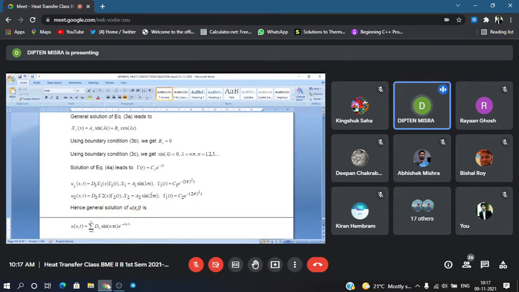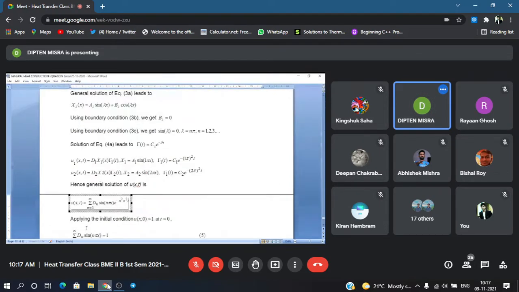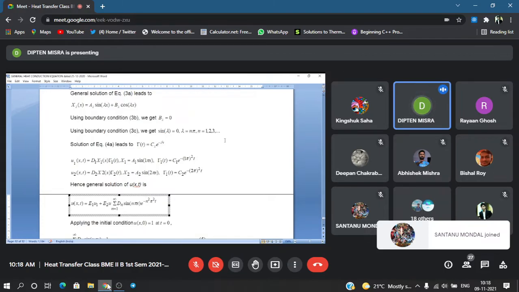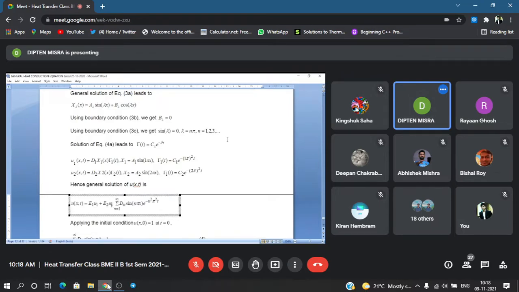We can write u as equal to p1 into u1 plus p2 into u2, and like that, plus dot dot dot, like that.